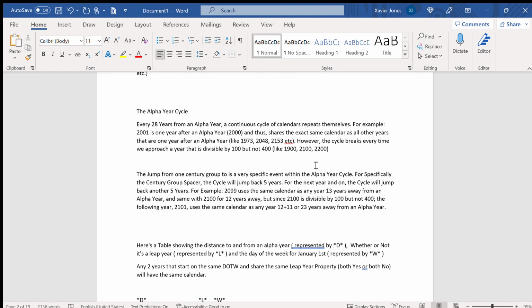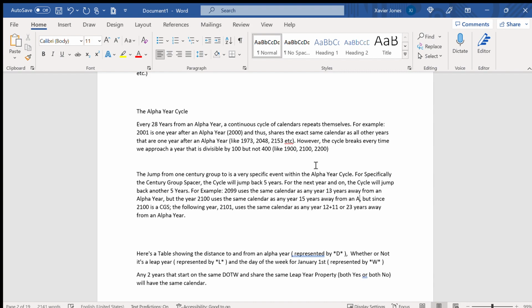But since 2100 is a century group spacer, the following year, 2101, uses the same calendar as any year 15 years away from an alpha year. And then the following.